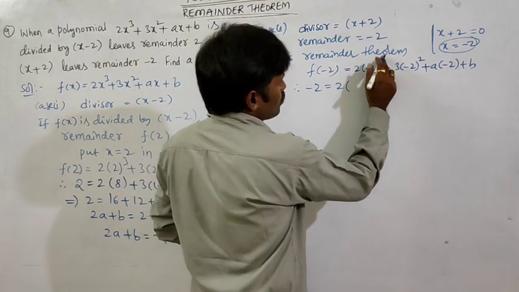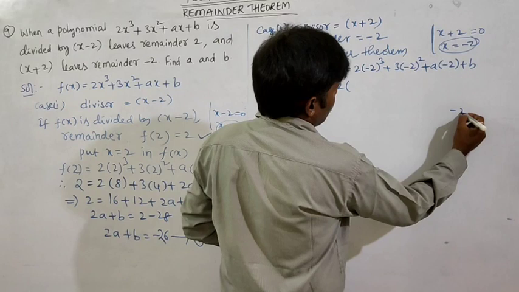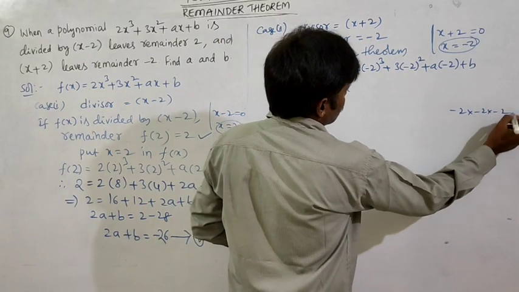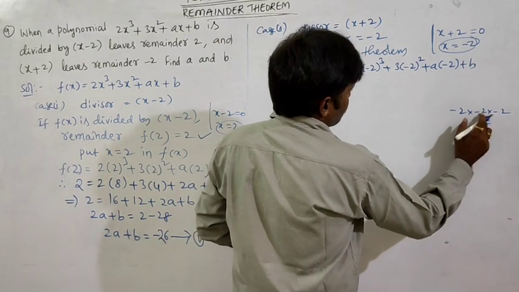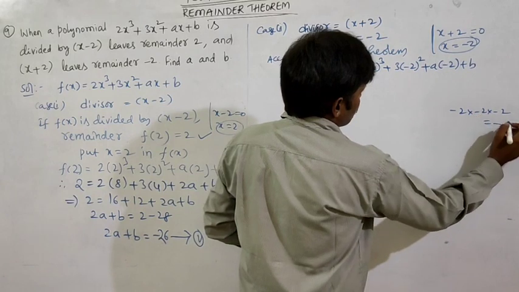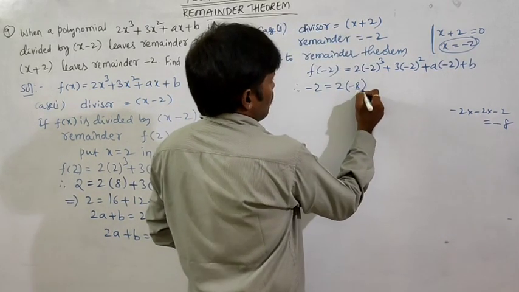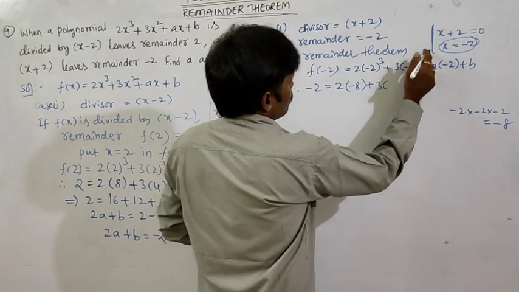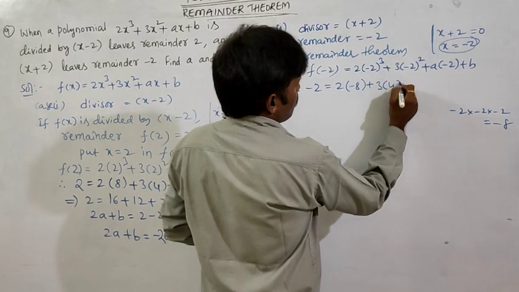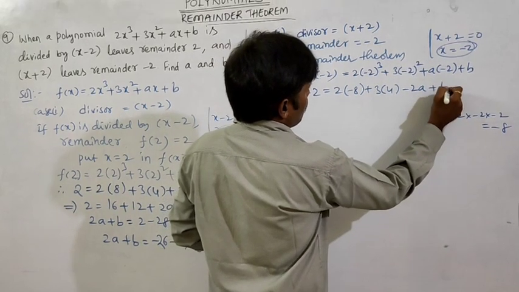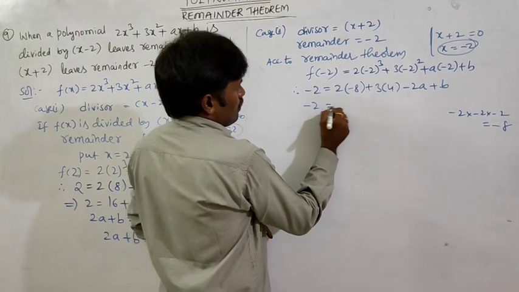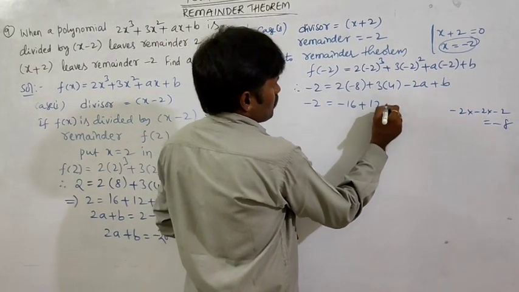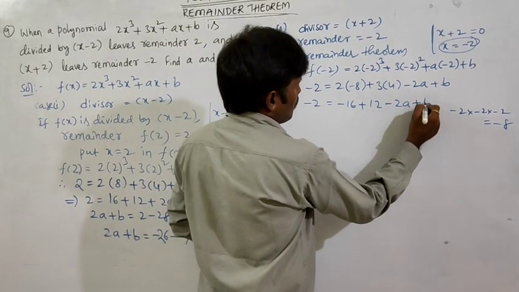2 into minus 2 whole cube value: minus 2 into minus 2 into minus 2. Minus into minus is plus, plus into minus is minus. 2 2s are 4, 4 2s are 8. Minus 8 plus 3 into minus 2 into minus 2, plus 4, minus 2a plus b. Minus 16 plus 12 minus 2a plus b.